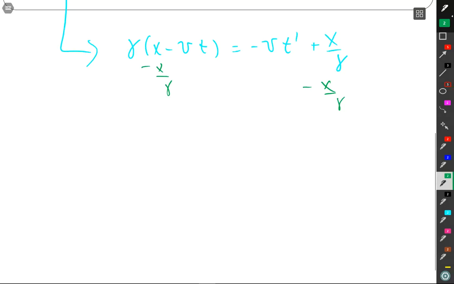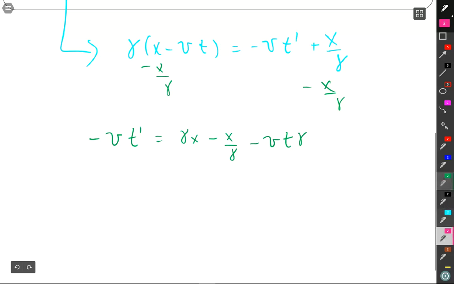And so that's going to give me minus vt prime equals gamma x minus x over gamma minus vt gamma. I almost forgot one of the gammas there. And you look at that and you're like, well, that's a start. Let's go ahead and divide everything by minus v.